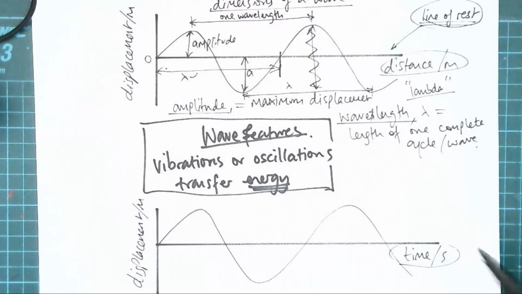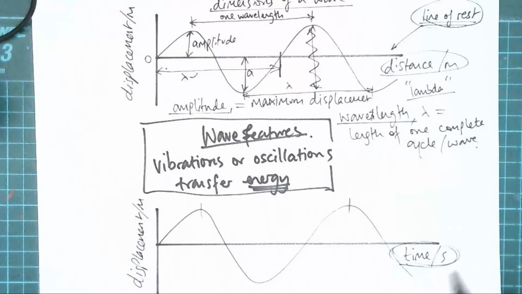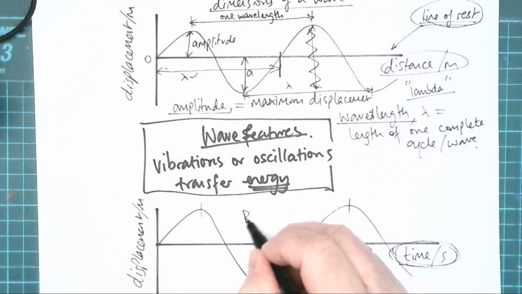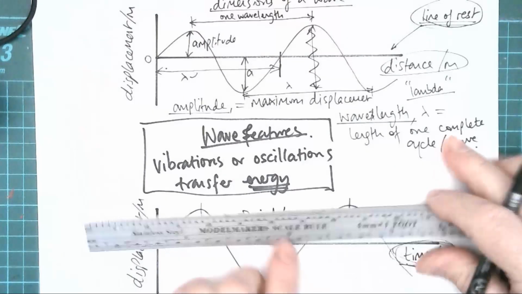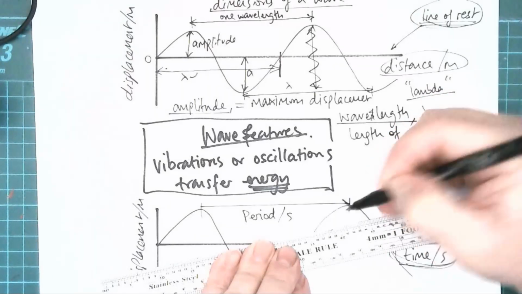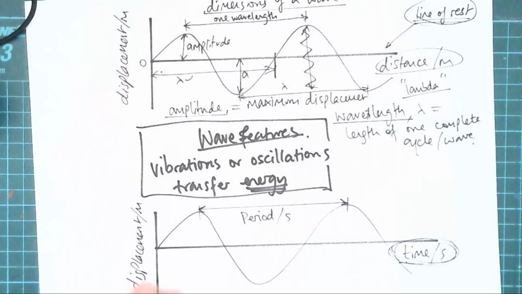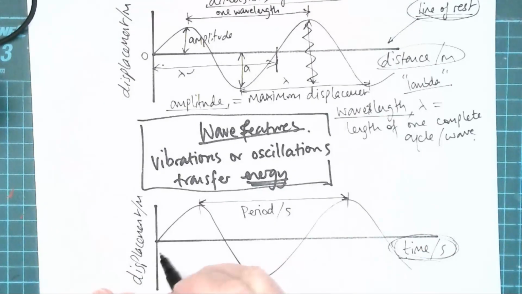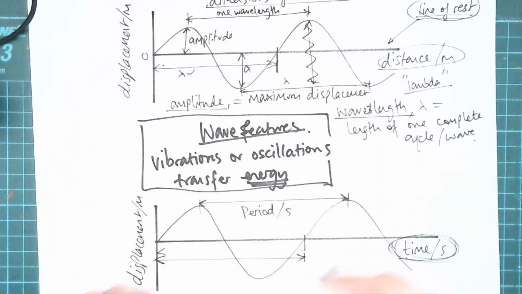Okay, so let's have a look. If I measure between here and here, now we're talking about a measurement of time, and that's called period, and it'll be in seconds or milliseconds or microseconds. Okay, it's a measurement of time. So similarly, I can measure a period there. I can also measure from the start here to where the wave ends. That is also period.